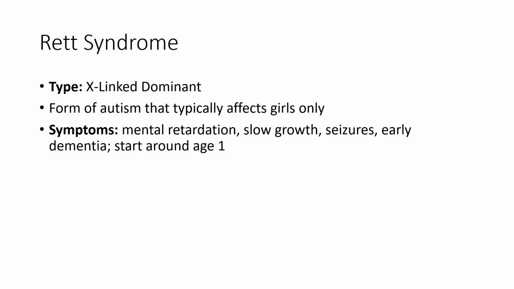Usually parents will say, my daughter was born quote unquote normal, and then around age 1, maybe 11 months, 13 months, we started knowing she was having some issues. Maybe she started having seizures, or maybe she stopped growing. People would realize that and say, we need to get this checked out. So they would get maybe a pedigree or do some genetic testing, and they would find this genetic mutation.